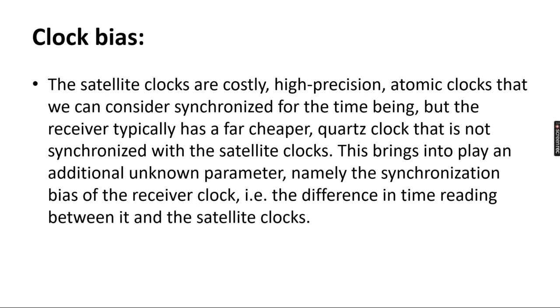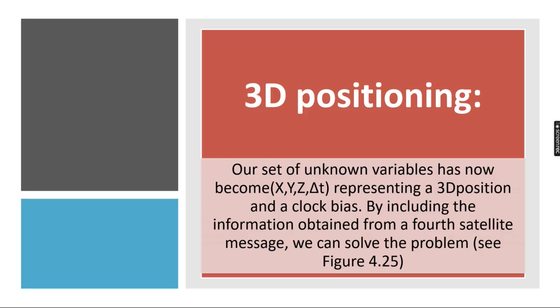So this brings into play an additional unknown parameter, namely the synchronization bias of the receiver clock. That is the difference in time reading between it and the satellite clock. So if there is a time difference, then this clock bias needs to be stored, and that has to be deducted while we are doing the calculations.